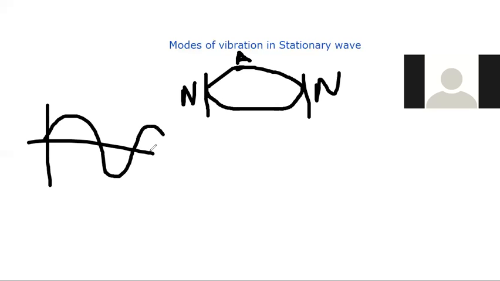It's the same thing. So when you have something like this, we have the nodes and we have the antinodes. Here the antinode is one, and the nodes are two.